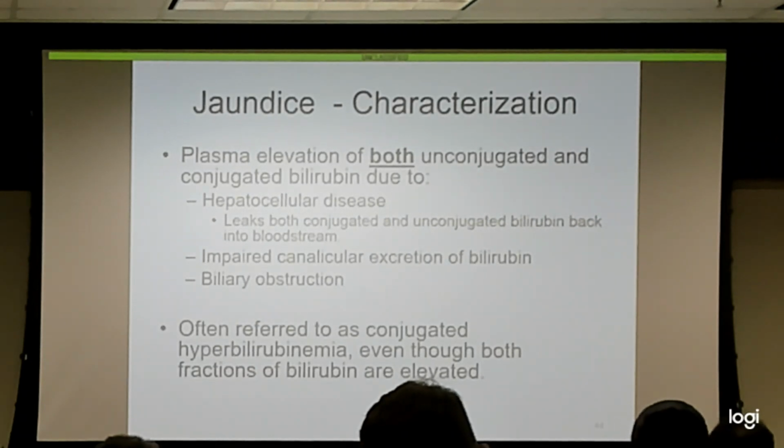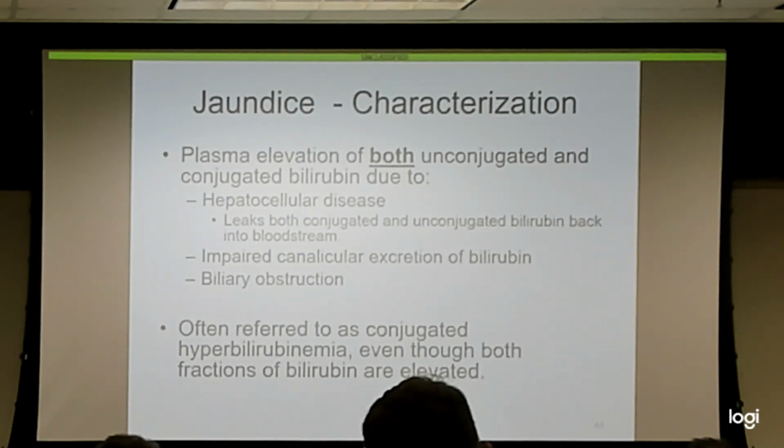And then for the mixed, you'll have the unconjugated and conjugated due to hepatocellular disease, so you're leaking both back into the bloodstream. Impaired canalicular excretion of bilirubin and biliary obstruction, often referred to as conjugated hyperbilirubinemia. Whew, you guys say that 10 times fast. Even though both fractions of bilirubin are elevated.